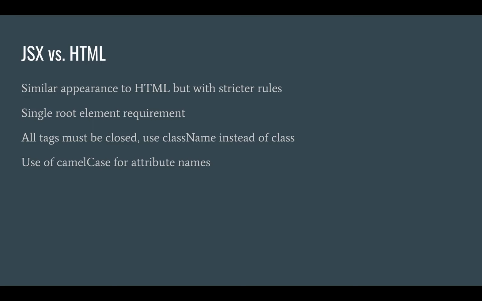Another notable difference is the naming convention for attributes. JSX uses camel case, and attributes such as class in HTML become className in JSX. By having these rules, it enhances the readability and maintainability in React development.